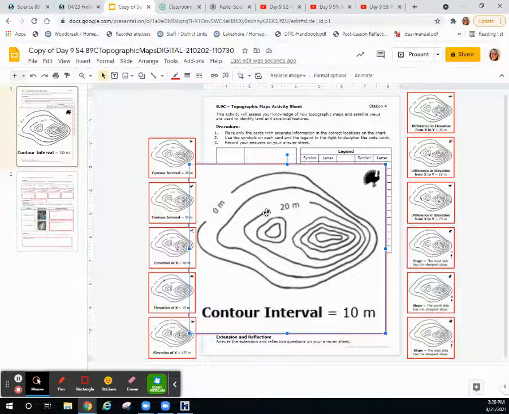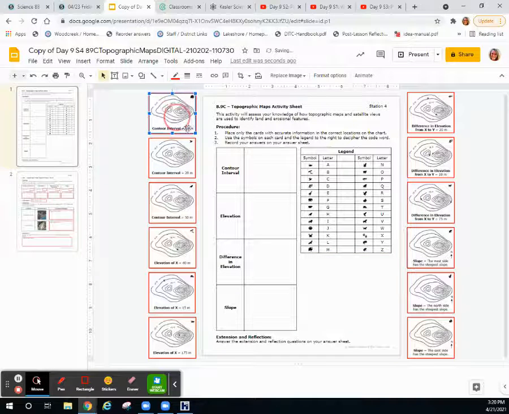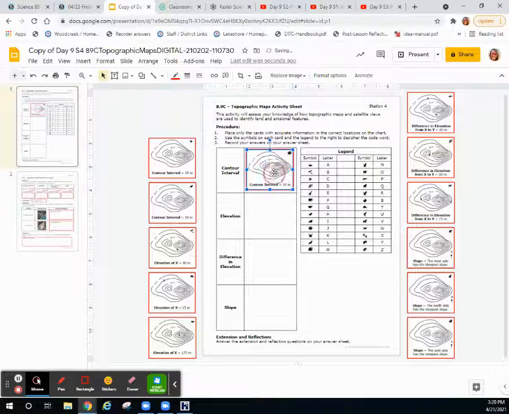So that informs me that this interval is increasing by 10. We go from 0 to 10 meters to 20 meters, and then the next line would be 30 meters. So this card is accurate. And I'm going to put that here because so far it's right.